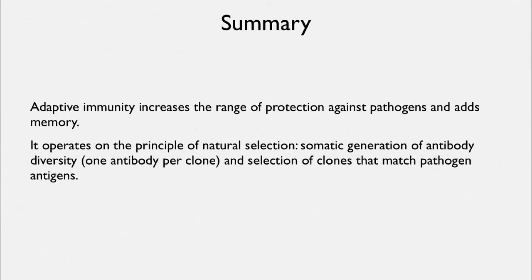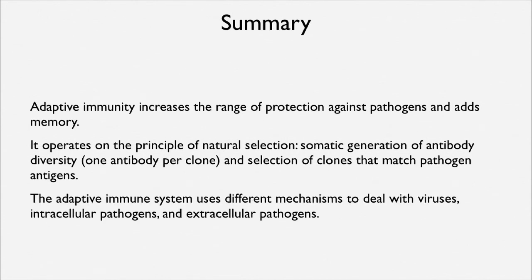There is somatic generation of antibody diversity, one antibody per clone, and then there is selection of clones that match the pathogen antigens. The adaptive immune system uses different mechanisms to deal with viruses, intracellular pathogens, and extracellular pathogens, and has differentiated different sorts of cells to specialize on each of those functions.